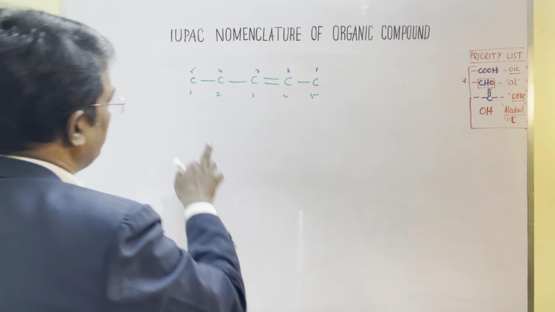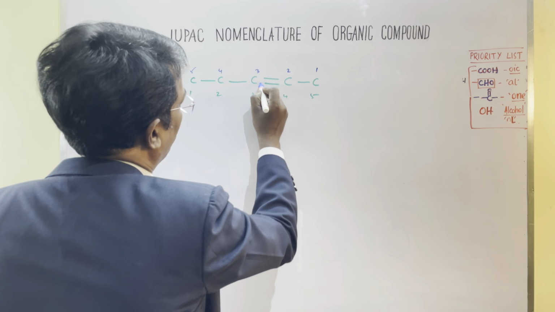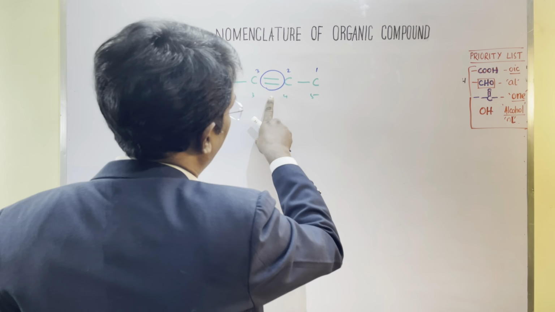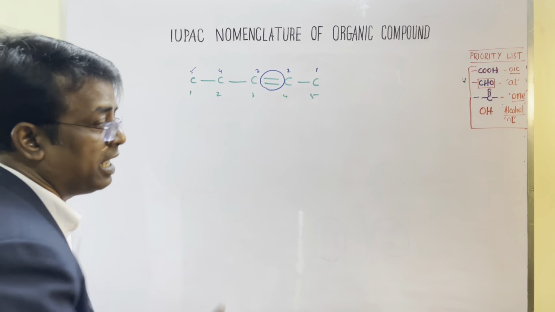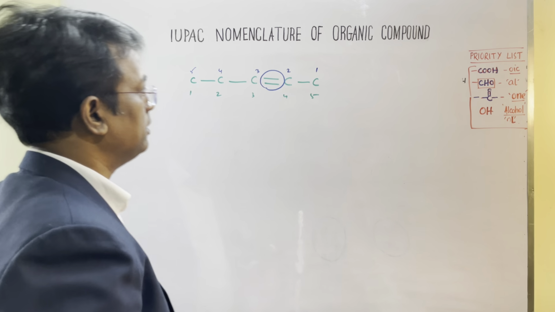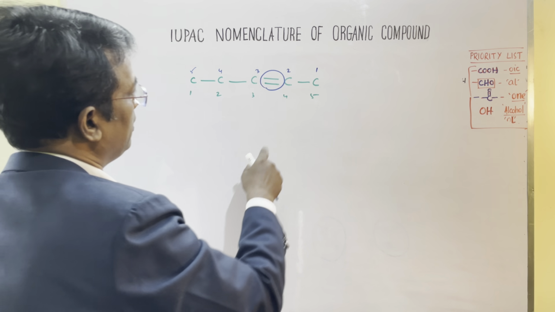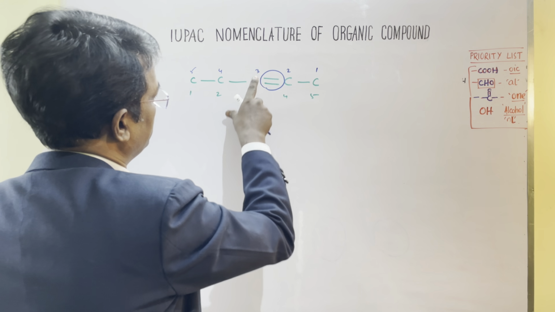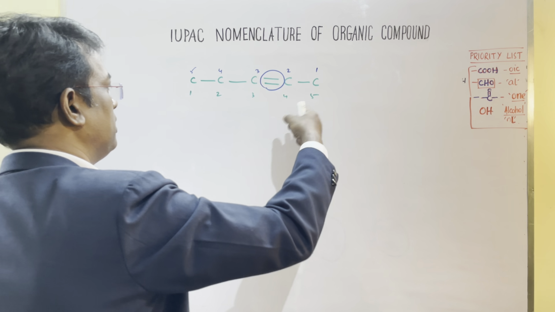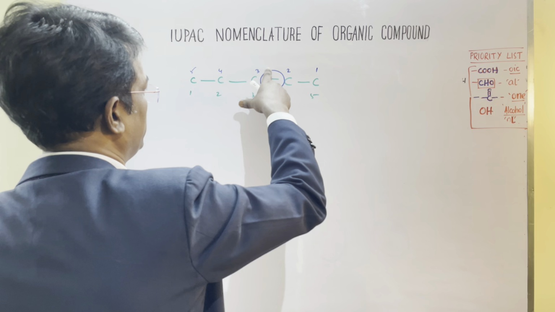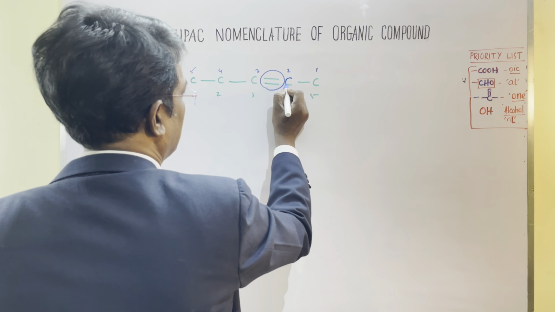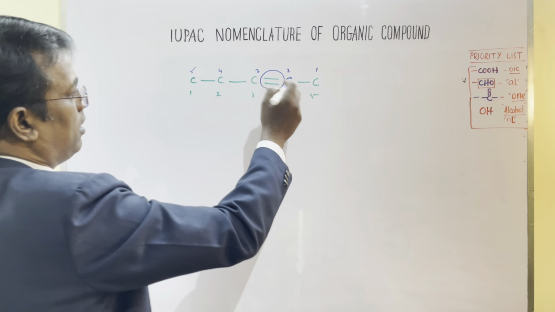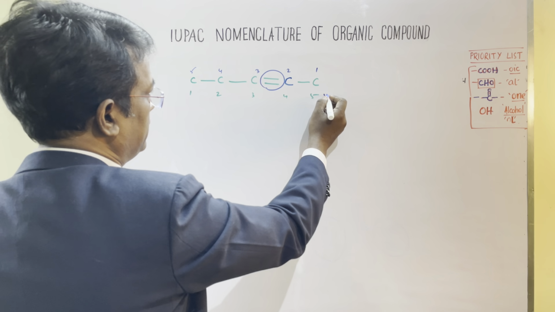But here, if I start counting from here, the carbon which is attached to the double bond should have the lowest value, which will be counted here to signify the double bond. If I start from here, the double bond carbon is carbon 3, but if I count from right to left, 1, 2, 3, at the second position this carbon has the double bond attached first. So I have to number it from this side. We have to discard this numbering.